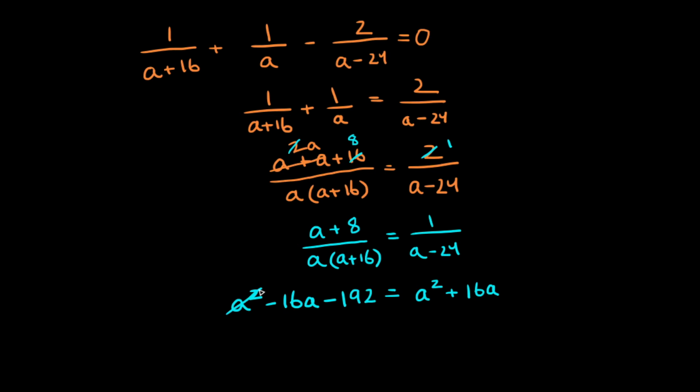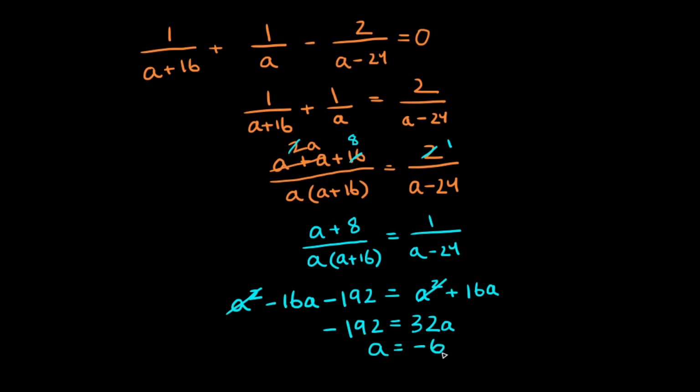Now, as we can see, this a squared term and this a squared term nicely cancel. So now we can move negative 16a to this side, and that'll give us negative 192 is equal to 32a, which finally gives us a is equal to negative 6.